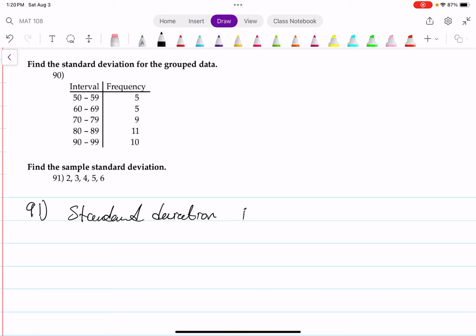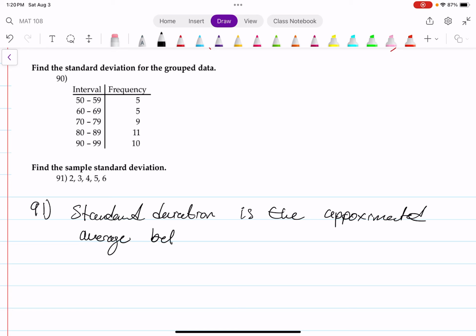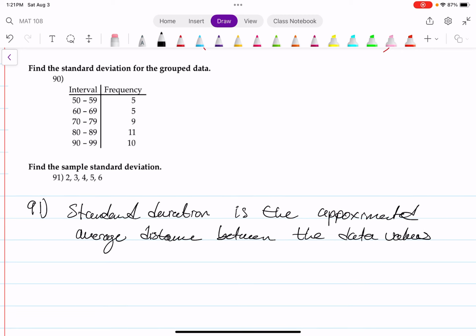The standard deviation is the approximated average distance between the data values, which we call x, and the mean, which we refer to as x bar.